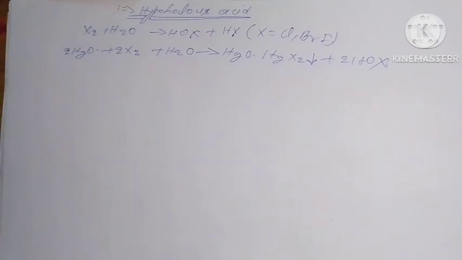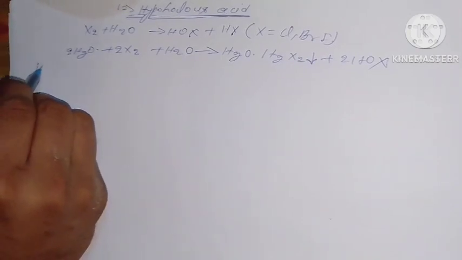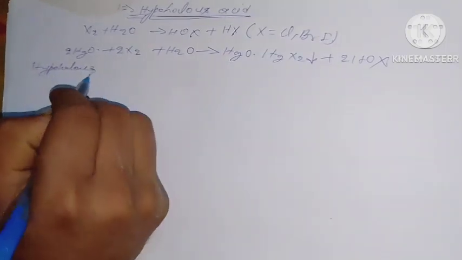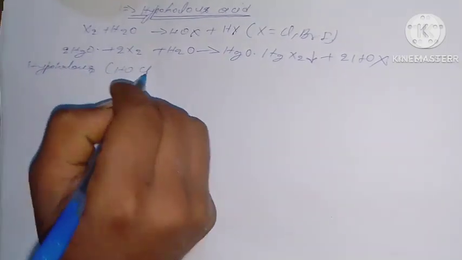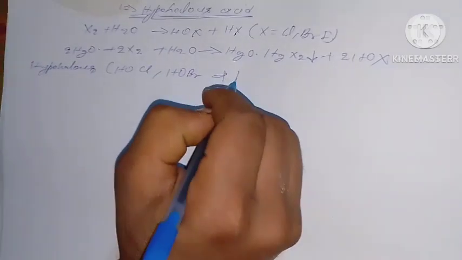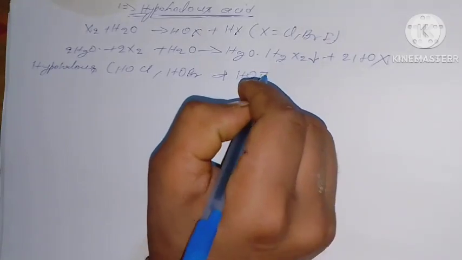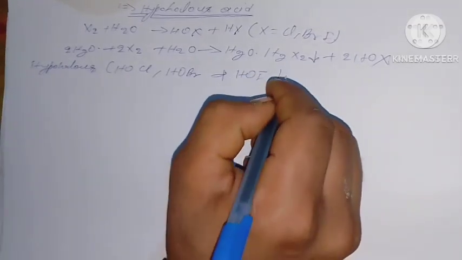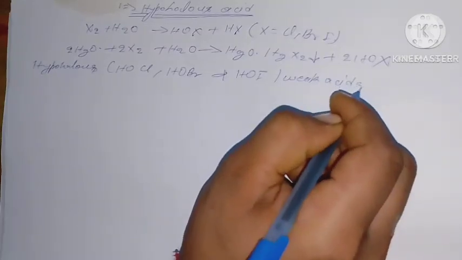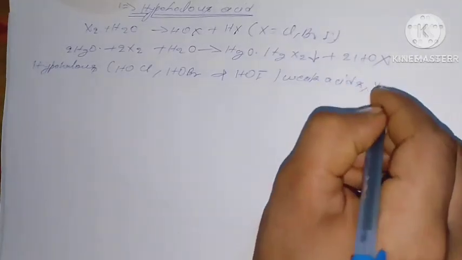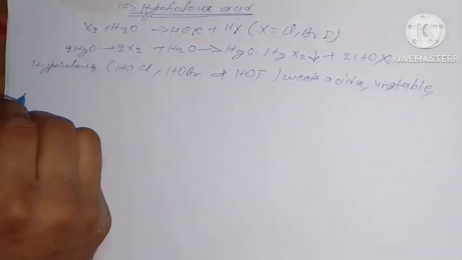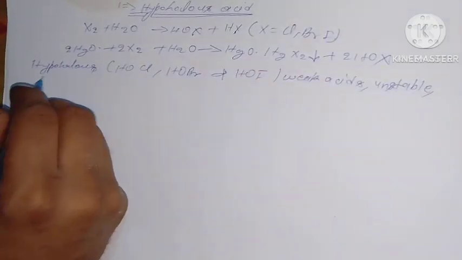Hypohalous acids, that means HOCl, HOBr and HOI, are weak acids, unstable, and exist in solution only.